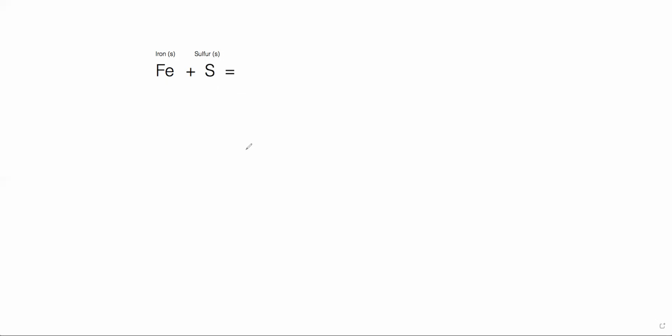You're thinking decomposition. To have decomposition, it only has to be one thing being broken up into multiple products. So what happens when you burn something? Let's say you throw something in the fire. What kind of a chemical change is happening when something burns?